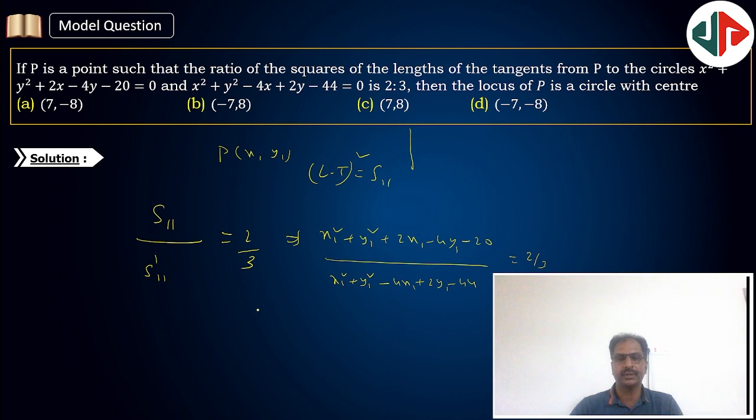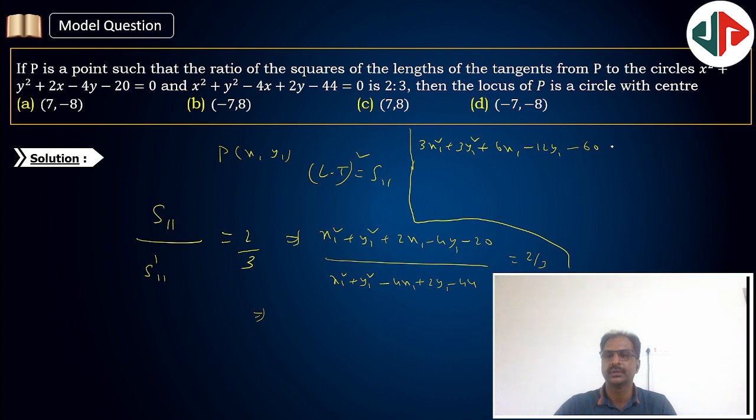Do cross multiplication and bring all the terms to one side. 3x1 square plus 3y1 square plus 6x1 minus 12y1 minus 16 is equal to 2x1 square plus 2y1 square minus 8x1 plus 4y1 minus 88.